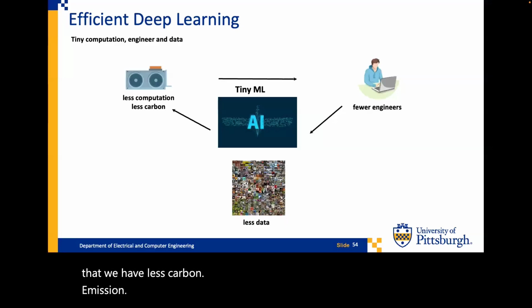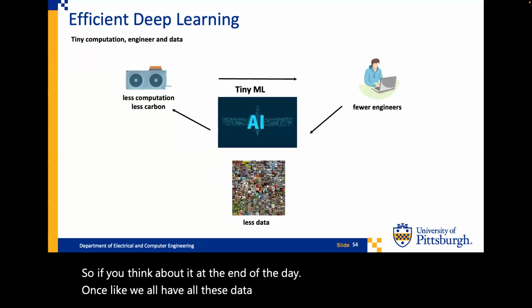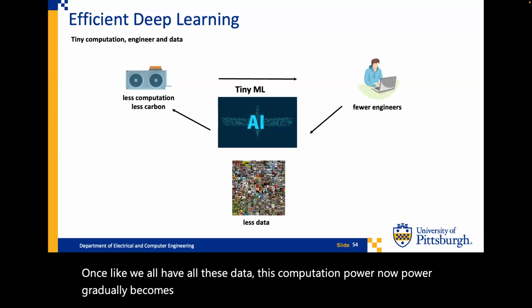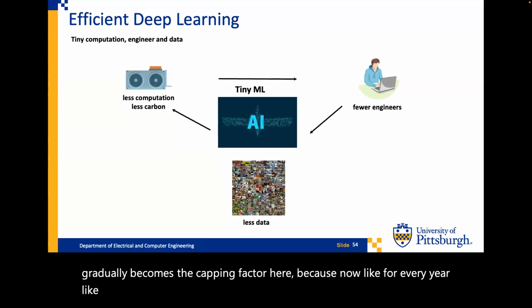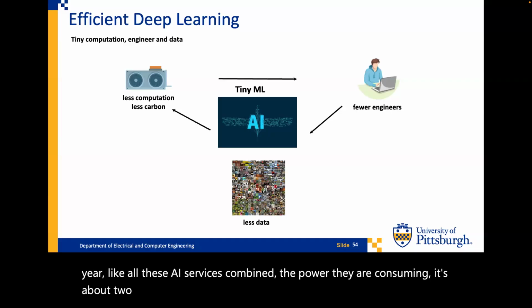At the end of the day, once we have all this data and computation power, power gradually becomes the capping factor. Every year, all these AI services combined consume power of about 2 New Yorks. 2 New York Cities.